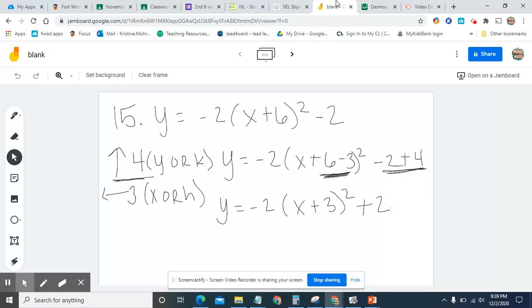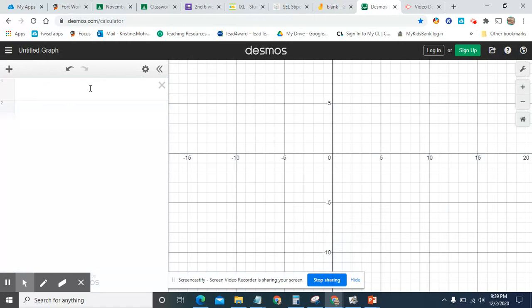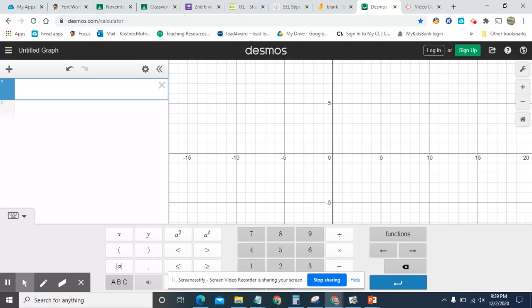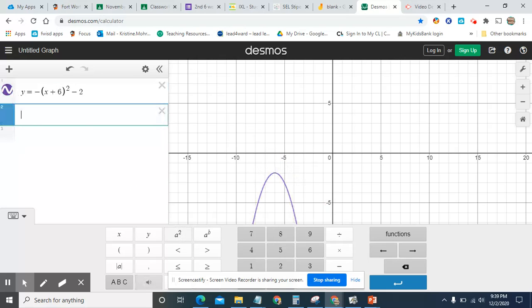And now we're going to graph both of these. We're going to graph this first one and this second one to check and make sure that it did move up 4 spaces and to the left 3. So let's come back here. We now are not comparing to the normal x squared. We are comparing to the new equation that they gave us, that they started with. And that was x plus 6 squared minus 2.